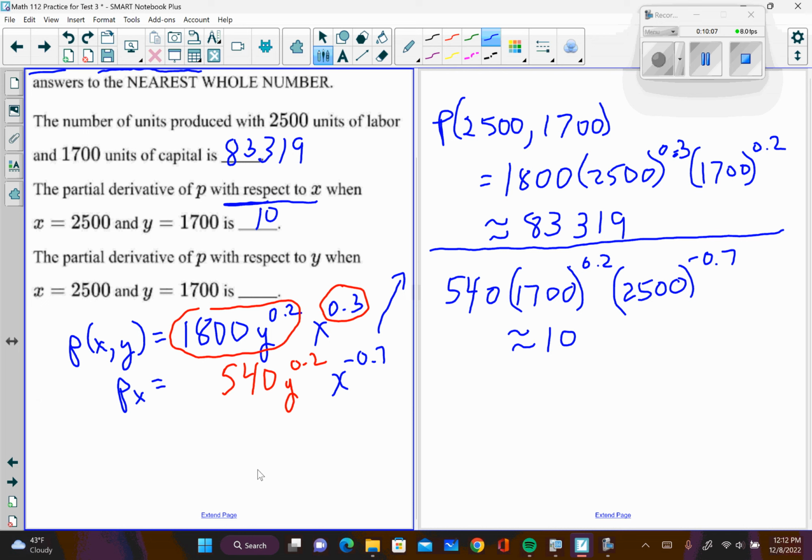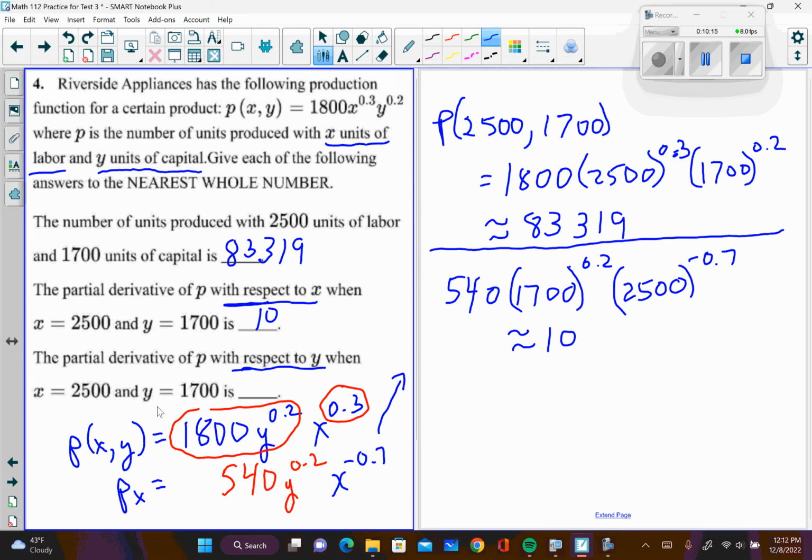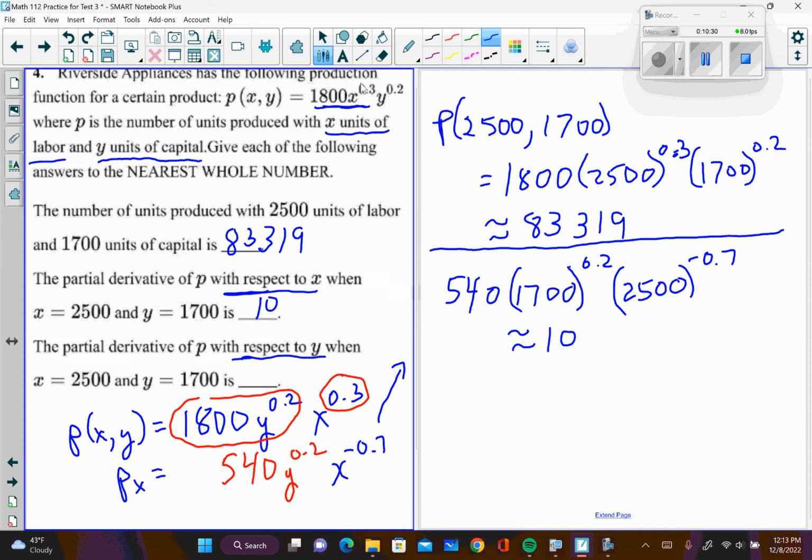For the partial derivative of p with respect to y, that means we're treating x as the constant. So we're going to take the exponent 0.2, and now this time 1800 x to the 0.3, all of that is the constant. 0.2 times 1800 is 360.